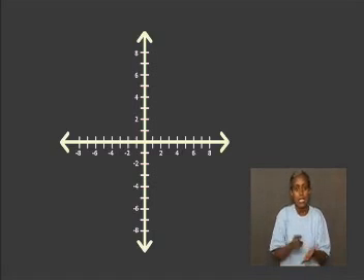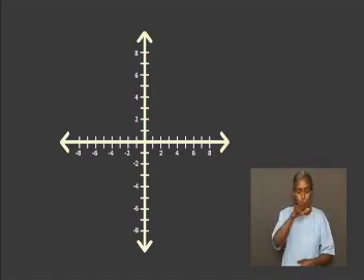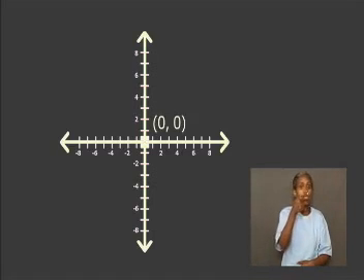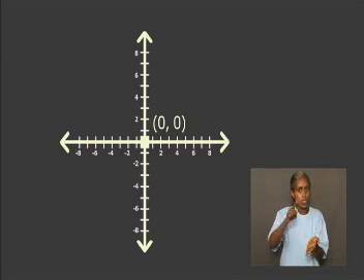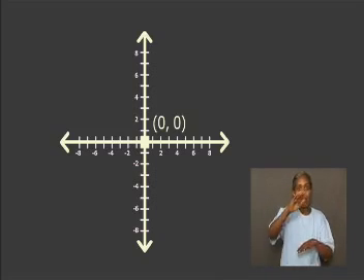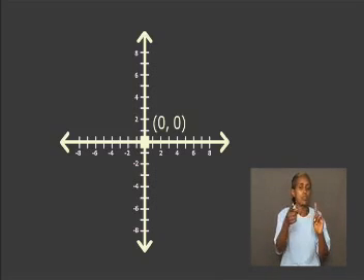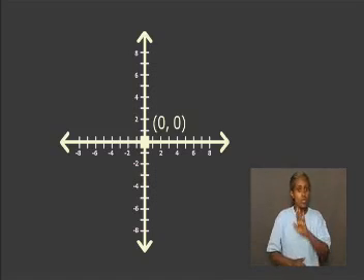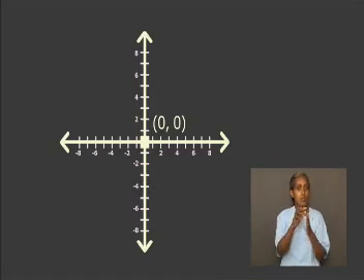The point where the two lines intersect is called the origin. This is the point 0, 0. To the right and above the origin, the numbers are positive. To the left and below the origin, the numbers are negative.